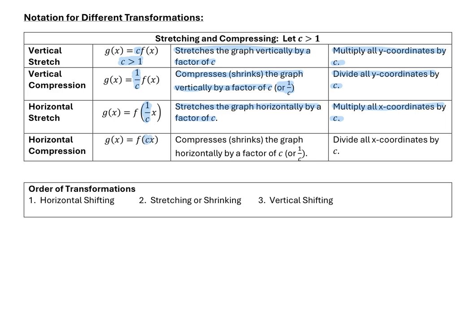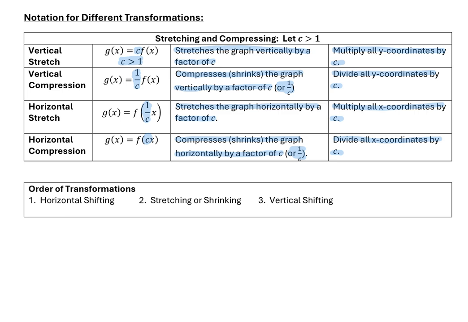When we saw c on the outside, remember that we multiplied, but because we are inside, remember that we want to do the opposite. And so here I want to compress or shrink horizontally by a factor of c or 1 over c. And instead of multiplying all my x-coordinates by c, I want to divide them by c. All right, so that's basically what we have here.